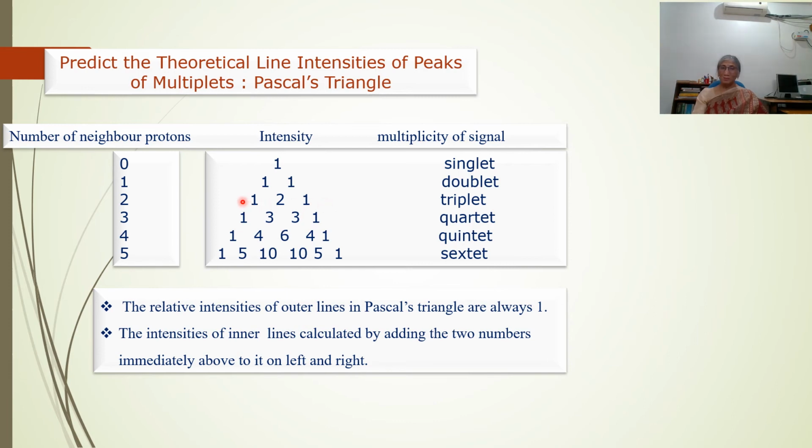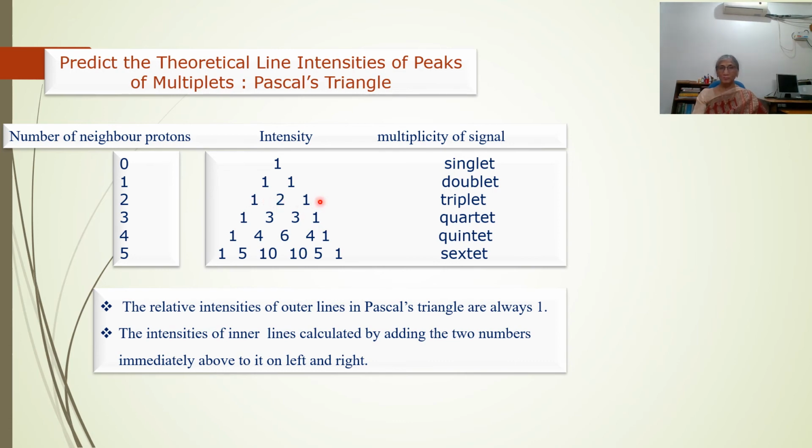So the intensity of the outer peaks will be 1 and 1. For the inner peak, for 2, we will look at the numbers immediately above this, and we will add up the number on the right hand side and the left hand side. The right hand side it is 1, left hand side it is 1. Add up the 2 numbers, so it will come 2. So in a triplet, the relative intensity of the peaks will be 1:2:1.